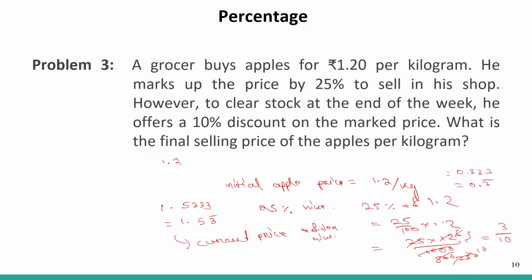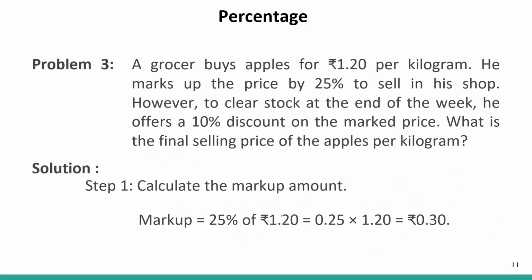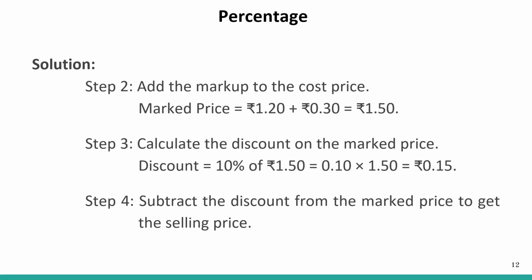Let's see what the final selling price of the apples per kilogram is. After hiking it up, add the markup to the cost price, that will be 1.50. We rounded it up and got 1.50. So calculate the discount on the mark price. 1.50 is now the mark price.